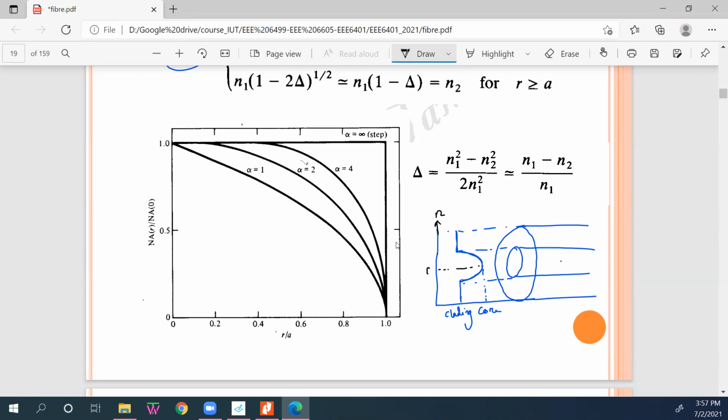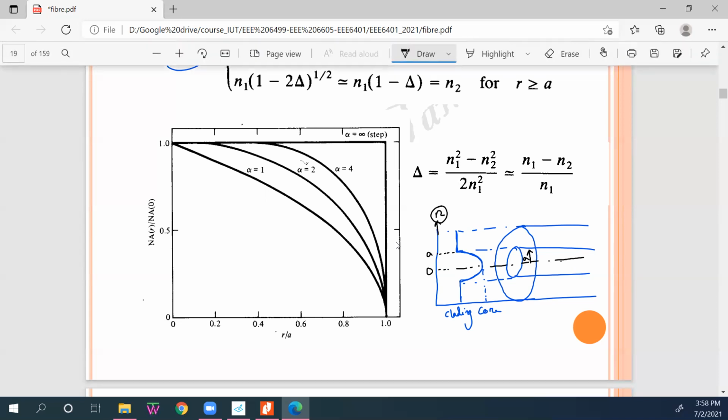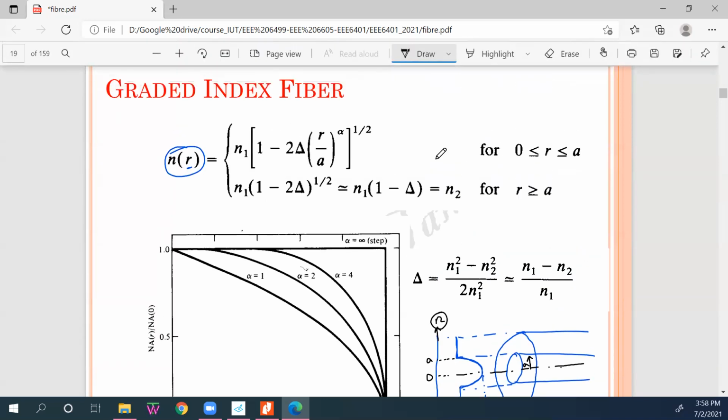Imagine this is 0 and this is a. What is a? If this is the center, then a is from the center to the edge of the core, the radius. So this is a and r.